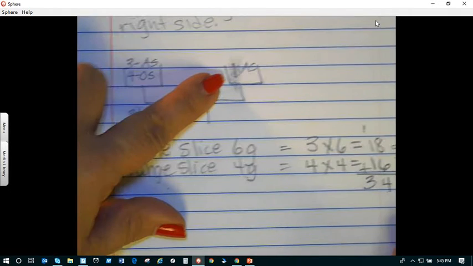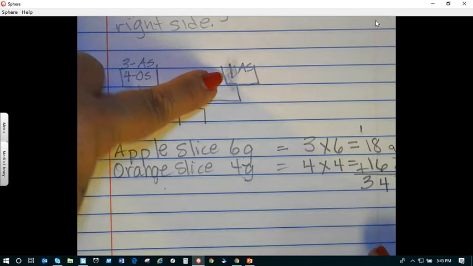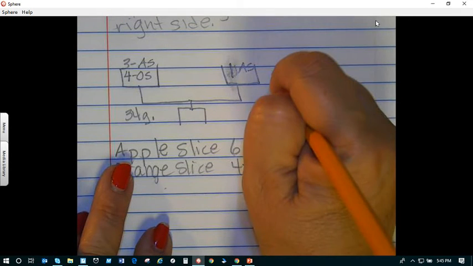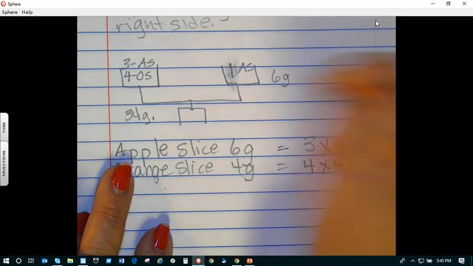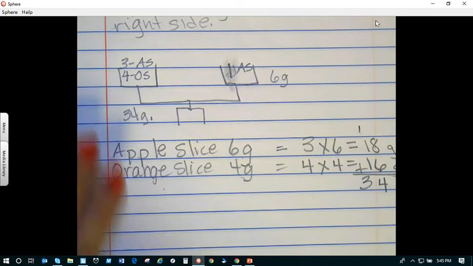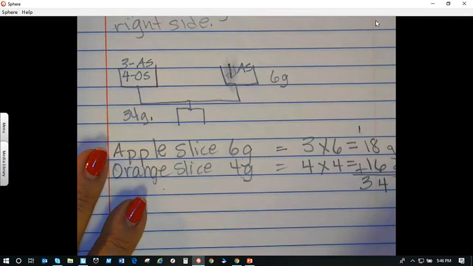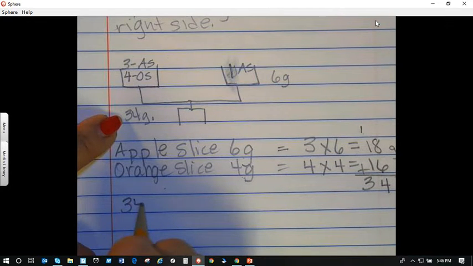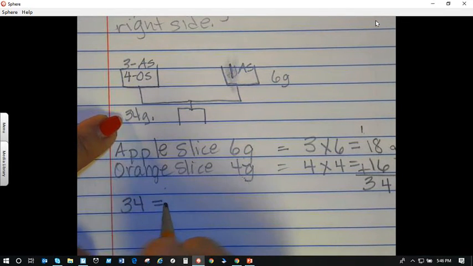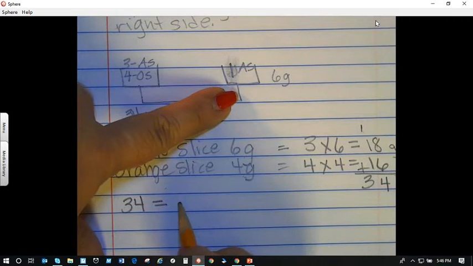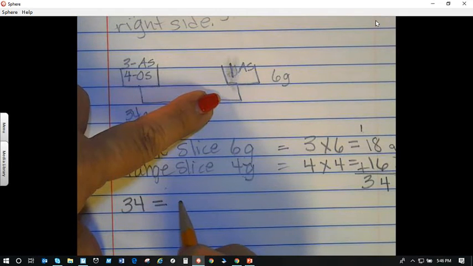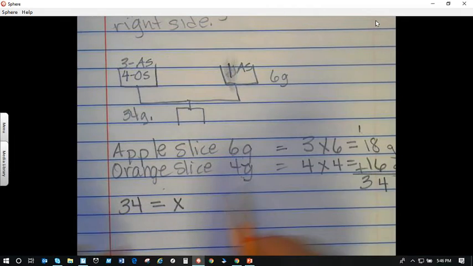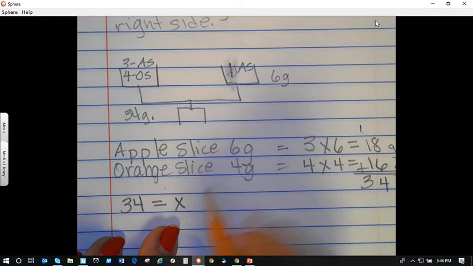But I only put 1 apple slice over here, which is only 6 grams, right? How many more? So what would be my equation? This is what I have. That's my total. 34 equals, and then I will have, let's do x, and x would be the missing variable, plus 6.